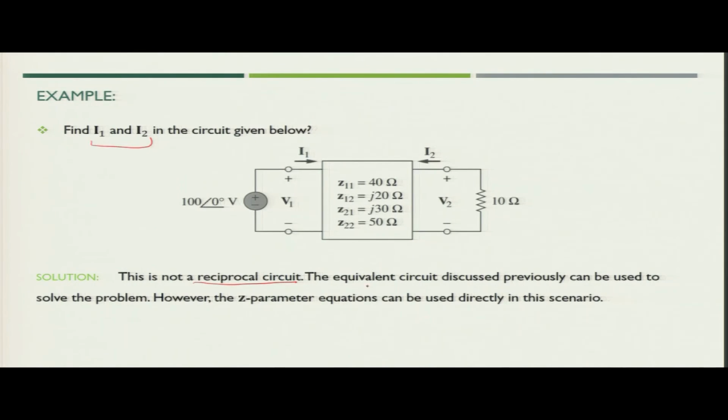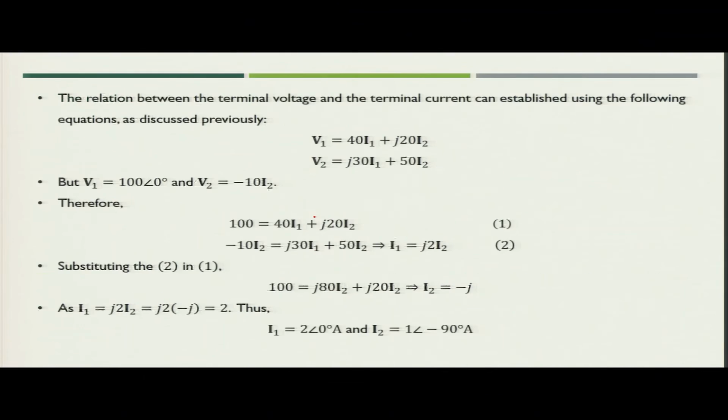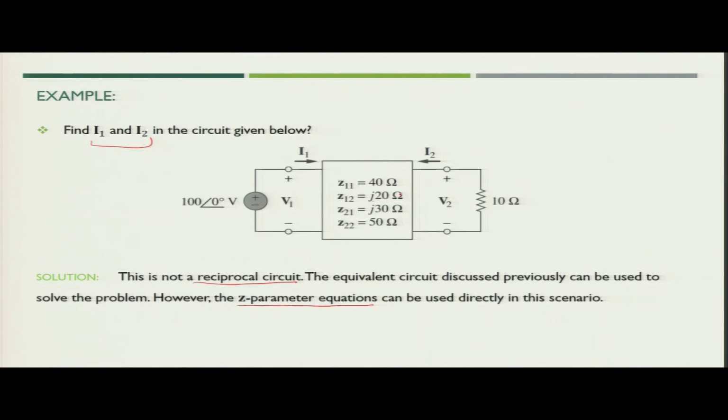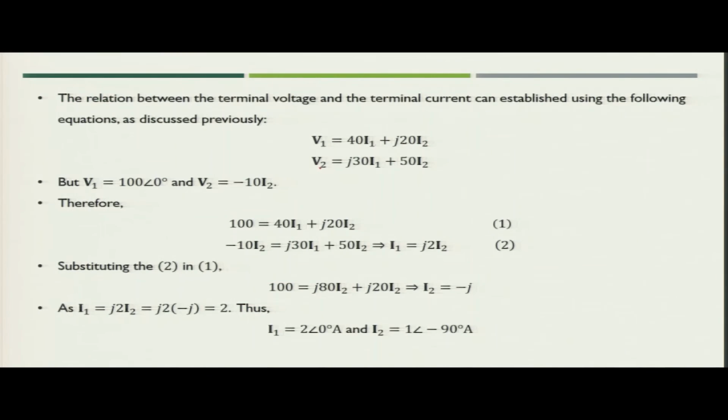We have to use the Z parameter equations to find out the values of I1 and I2. Now, if we write the Z parameter equations, V1 we can write as Z11 into I1 plus Z12, which is j20, into I2. Similarly, V2 is j30 I1 plus 50 I2.